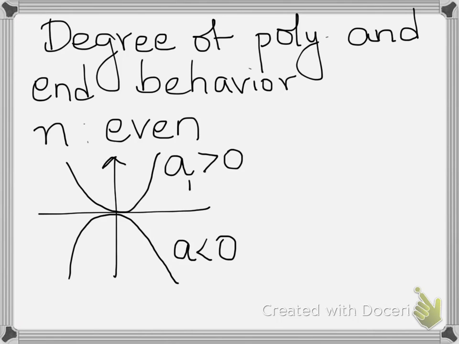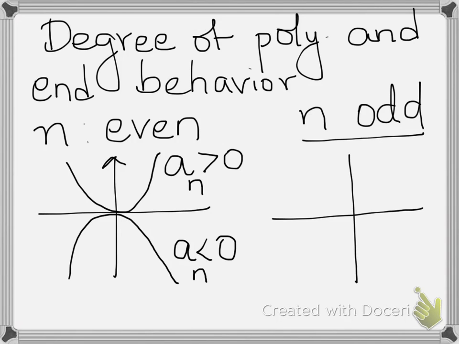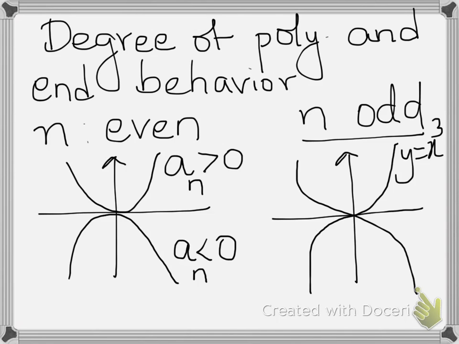In this case, it would be the leading coefficient. When n, the degree of the polynomial, is odd, then you have a graph, if it was y equal to x cubed, going this way with a positive coefficient. If you change the coefficient to a negative sign, then it would go the other way around. So this is y equal to negative x cubed. This was y equal to positive x cubed.